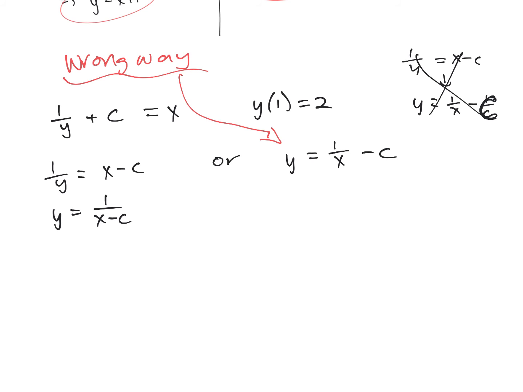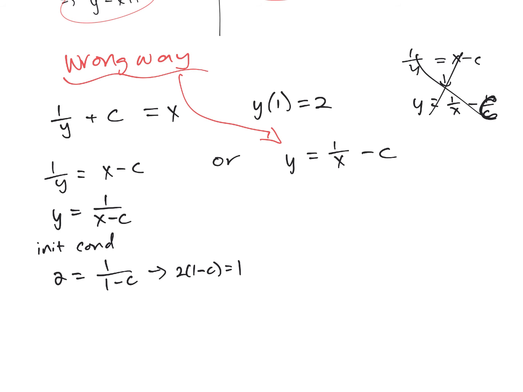So if we plug in the initial conditions, then we get 2 equals 1 over 1 minus c. We can cross multiply and we get 2 times 1 minus c equals 1.